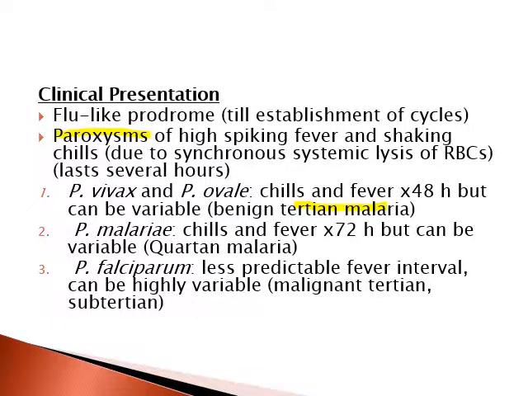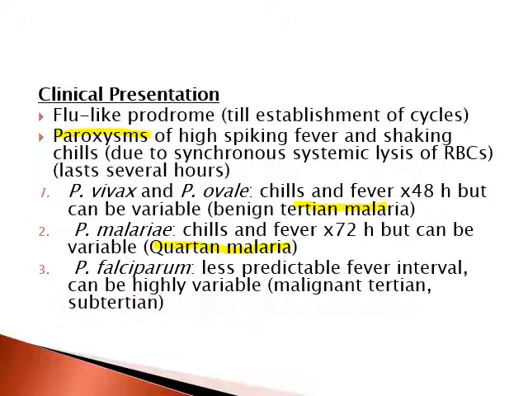In case of Plasmodium malariae, which is lazier than Plasmodium vivax and Plasmodium ovale, it occurs every 72 hours, every fourth day, so we call it quartan malaria.